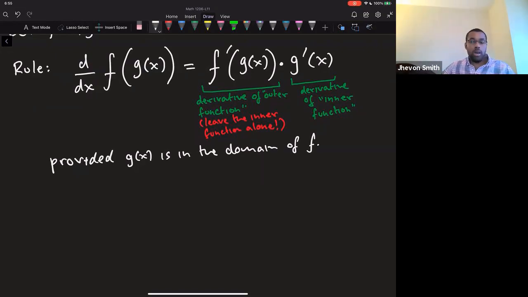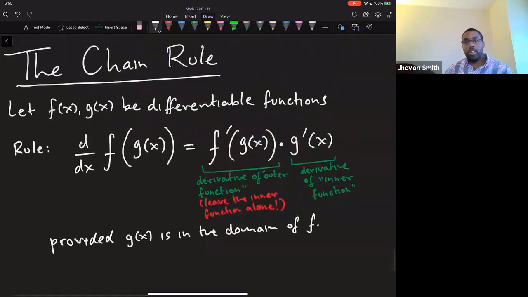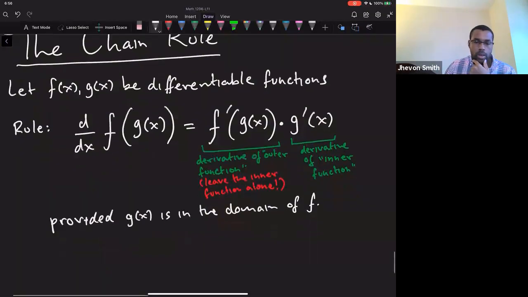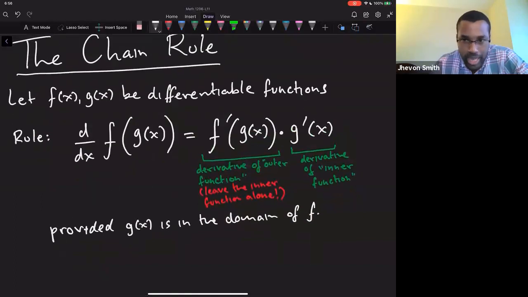As long as you can form this composition and both of them are differentiable, you can differentiate the composition in this way. This is called the chain rule, a super important rule. We're going to use it to derive a bunch of other rules, so it's a very useful rule in that sense.